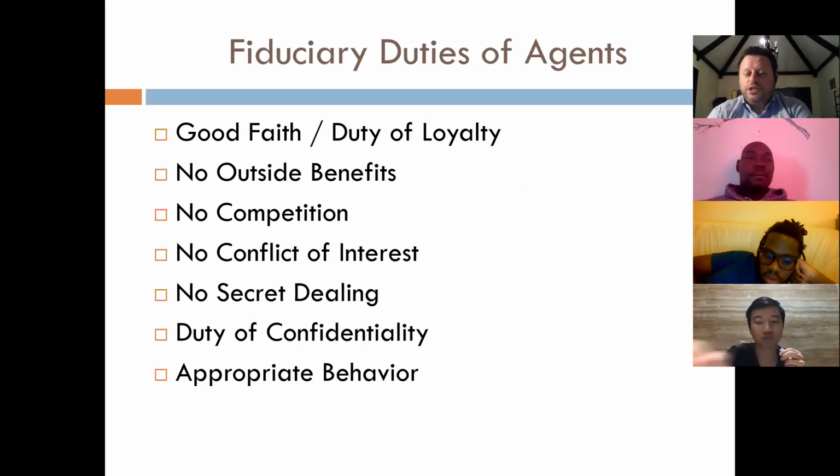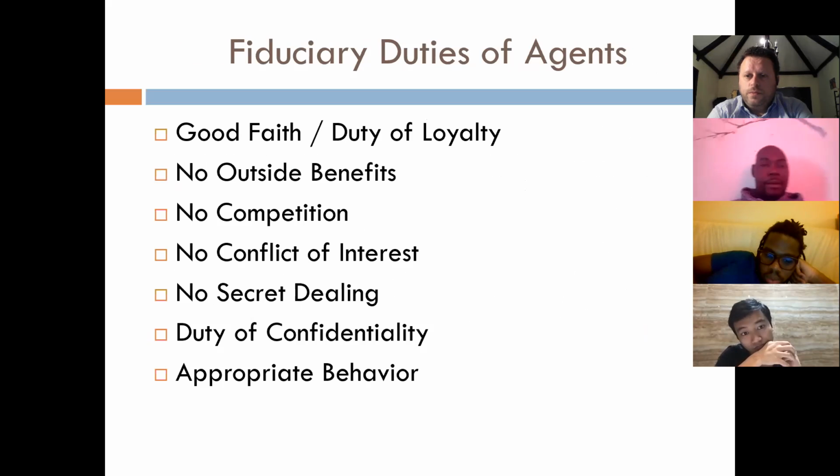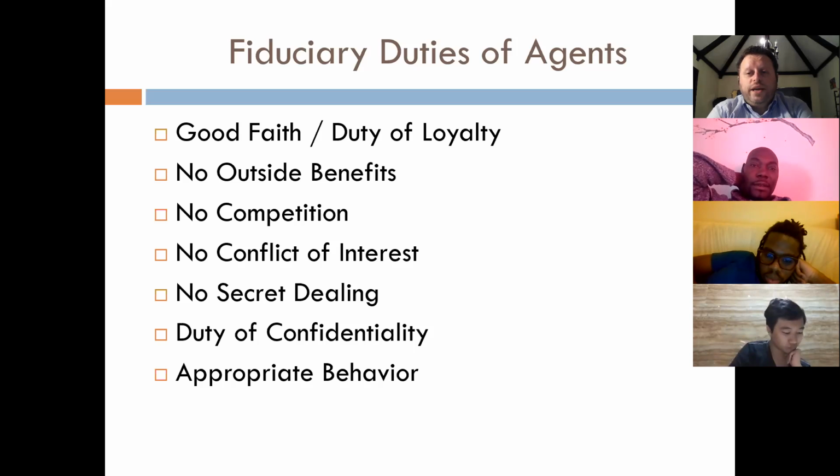So good faith is the first one. Does it look like what James is doing is in good faith? Is selling the silk to his father in good faith? Jordan, you say no, why not? Because he has to have the authorization of the boss. But is James doing it to hurt Peter?